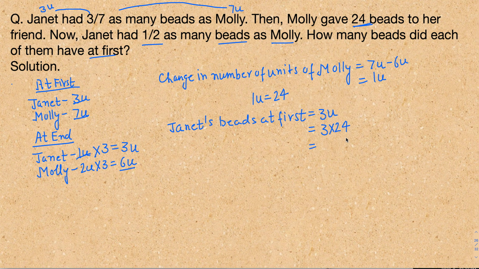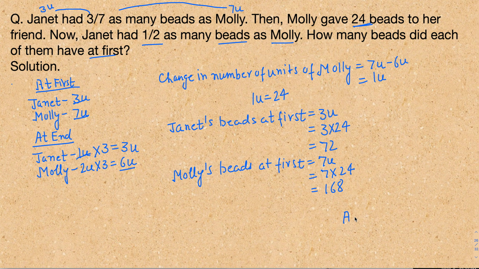So we get 72. Similarly, Molly's beads at first is equal to 7 units, which is 7 times 24, and that will give you 168.